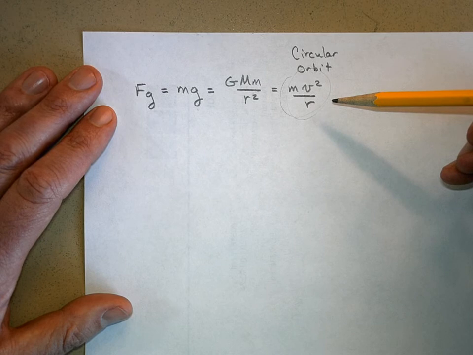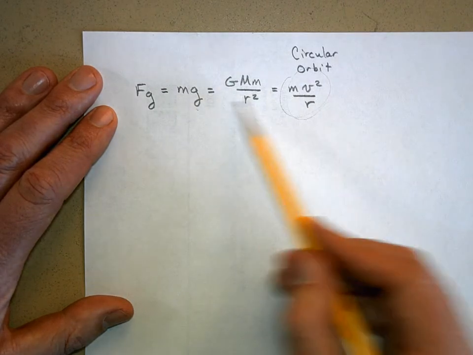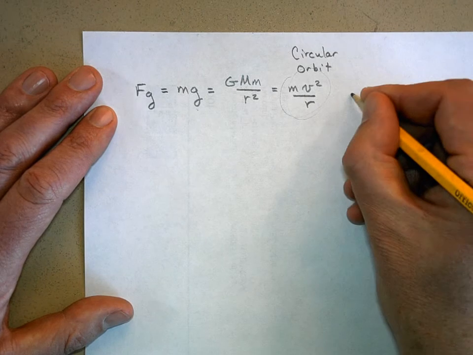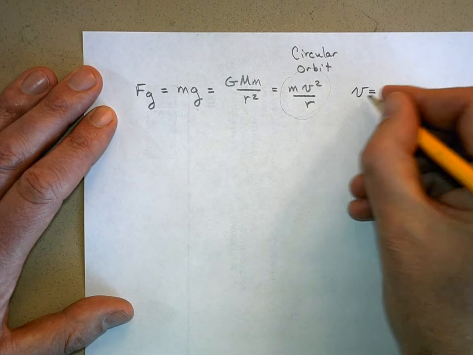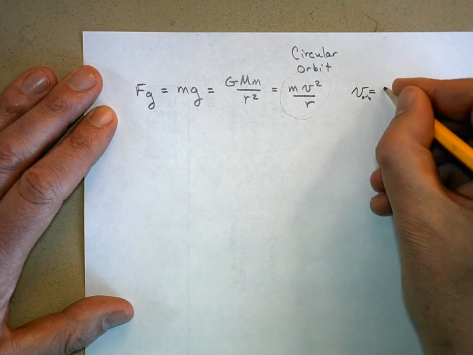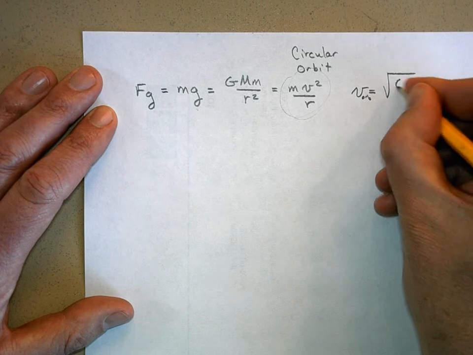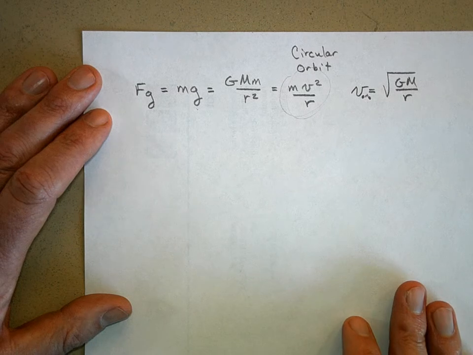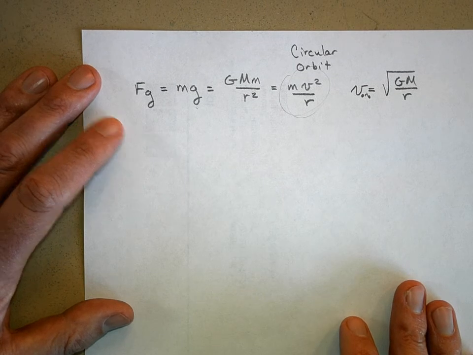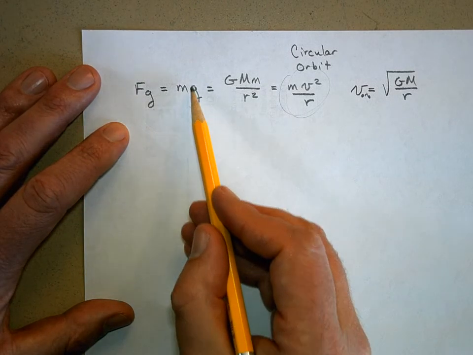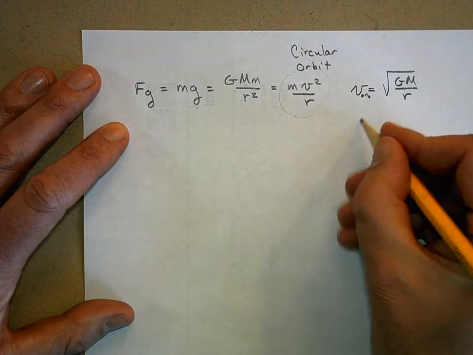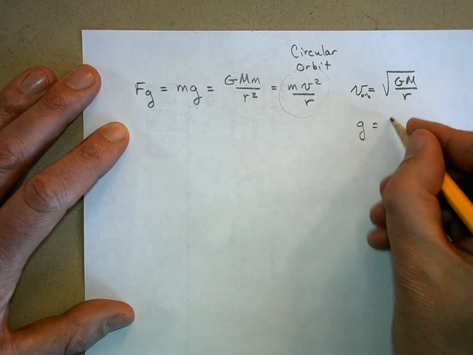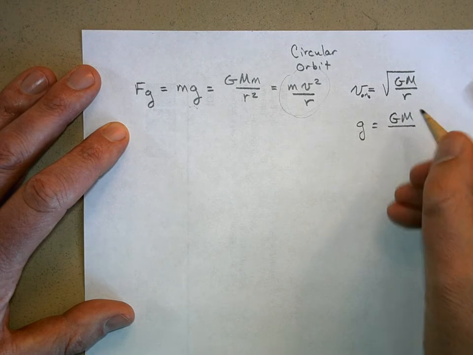When you solve this for v, you get my orbital velocity is equal to the square root of GM over r. You can also solve this for the acceleration of gravity. So the acceleration of gravity, when you cancel this little m out, is GM over r squared.